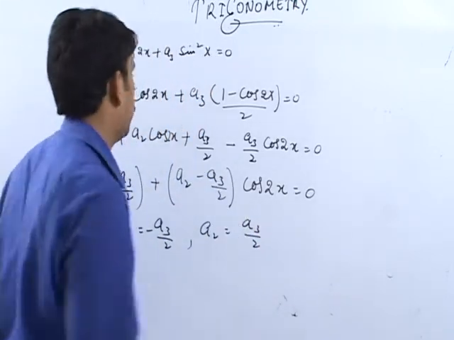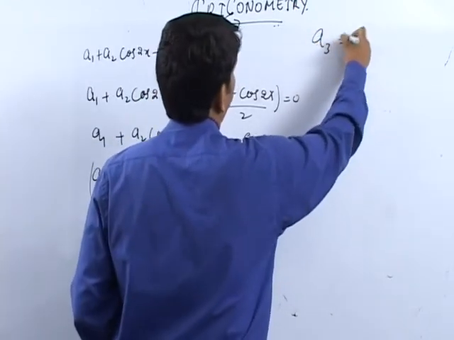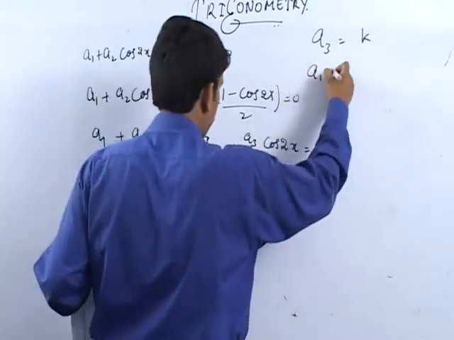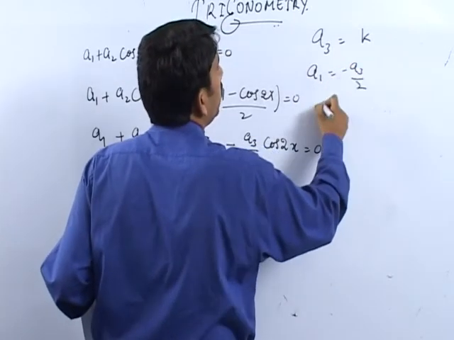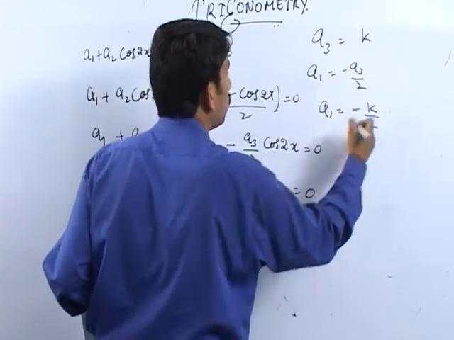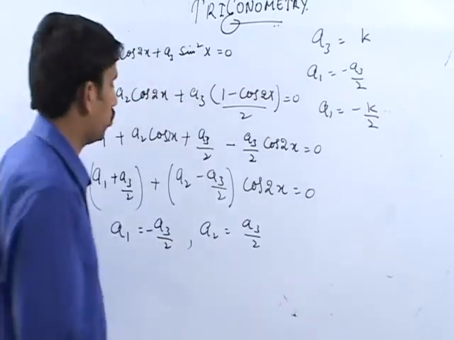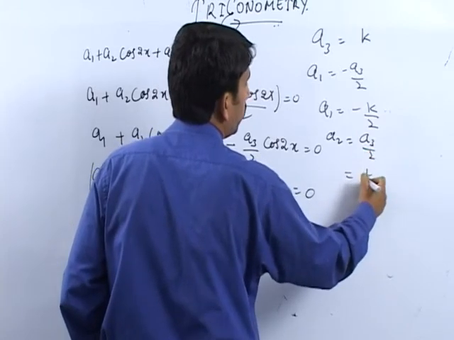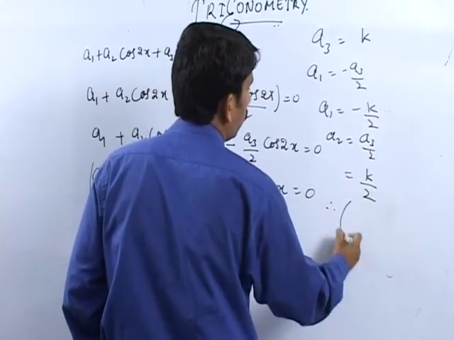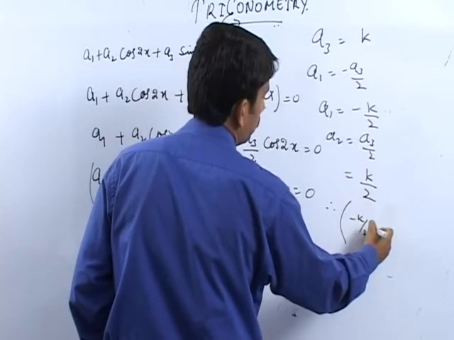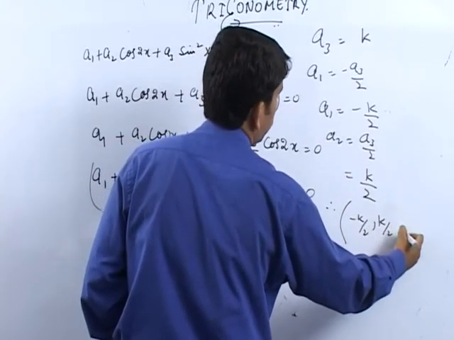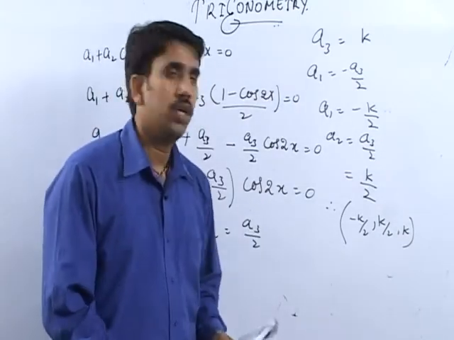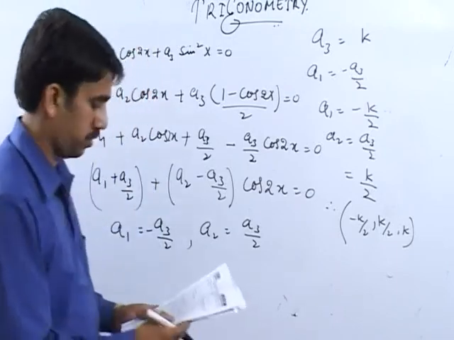Now if you take a3 equal to k, a constant, then a1 will be equal to minus k by 2, and a2 will be equal to k by 2. Therefore, the triplet will become a1, a2 and a3. So for k we can find infinite values, therefore this triplet will have infinite values.